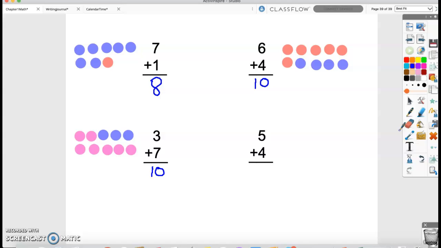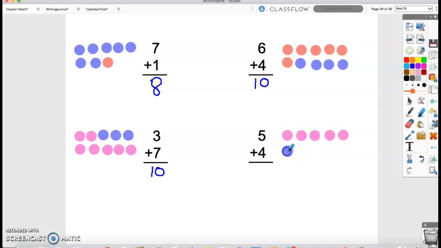Let's try the last one. How many do you think I should draw? If you said 5, 1, 2, 3, 4, 5, great job. How many more should I draw?